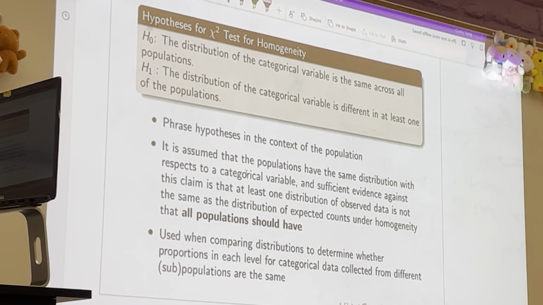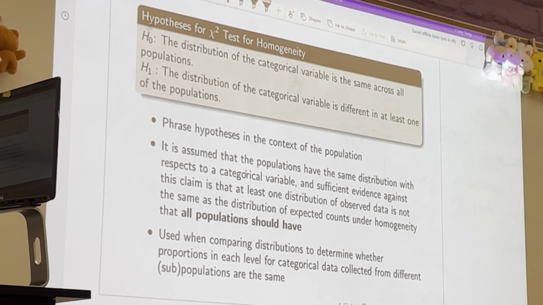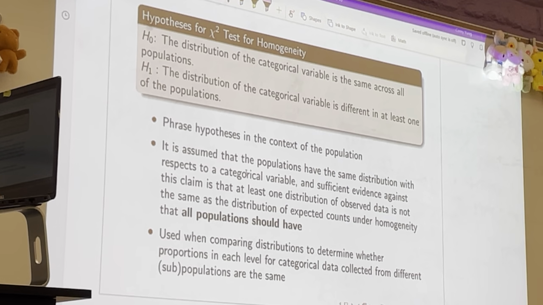So if we're going to say homogeneity, that it has to be uniform across all populations, if at least one of them has a different distribution with respect to that categorical variable, that's enough evidence to suggest that the null is not true. Everything below that is just another way of writing it. You can read that on your own, but those are the hypotheses, as concisely as you can put them.